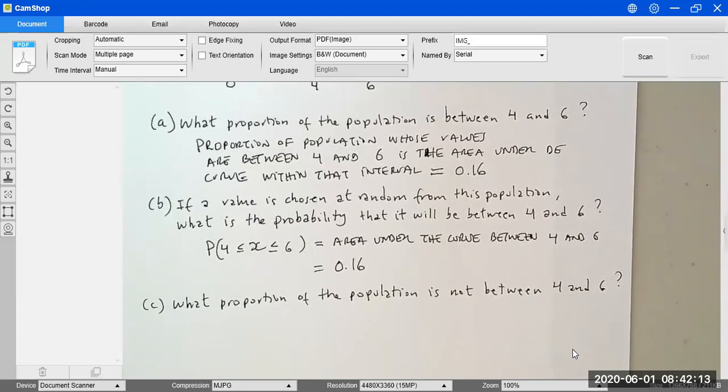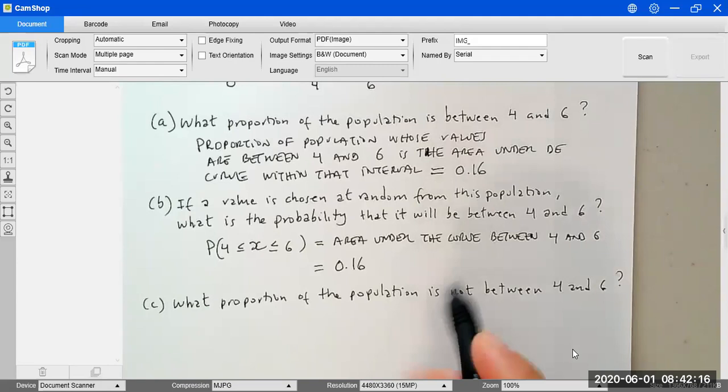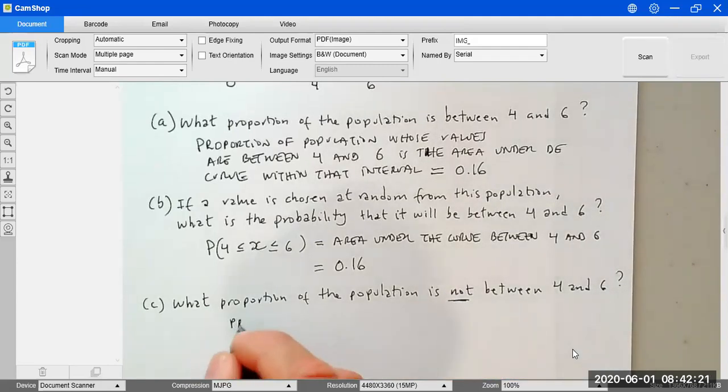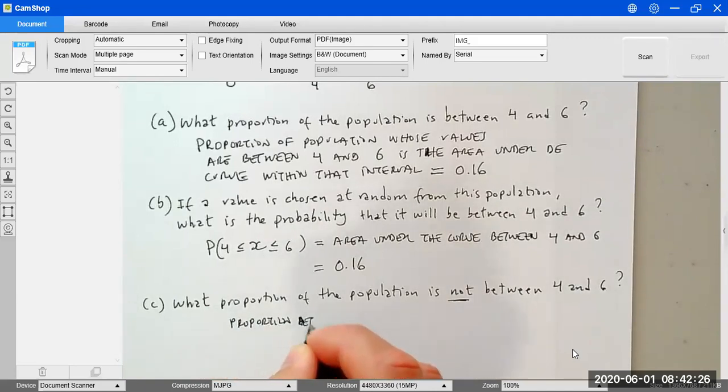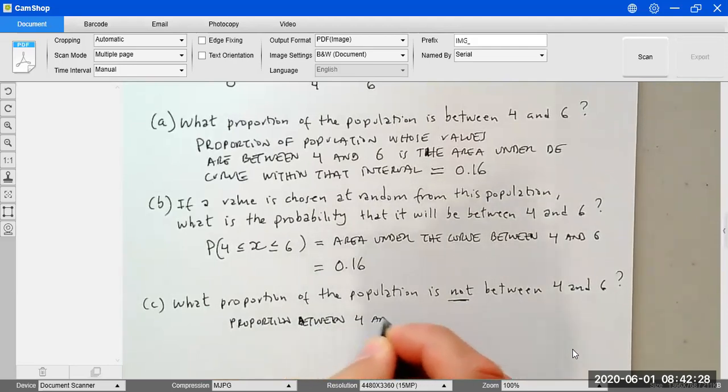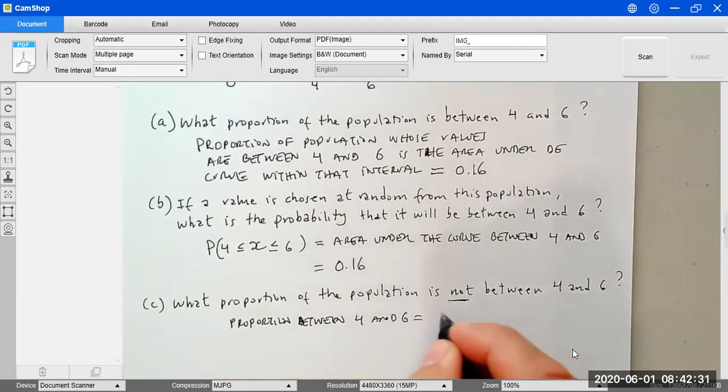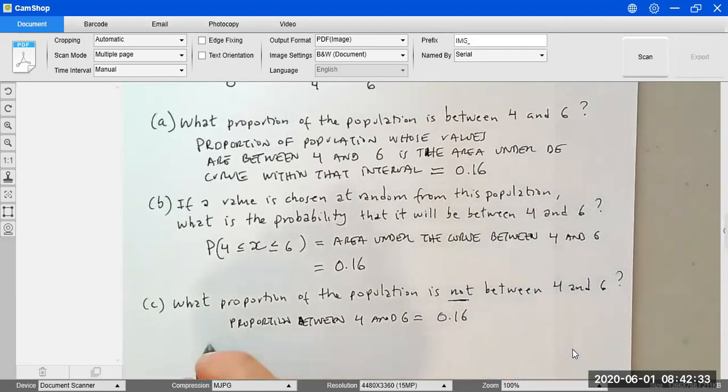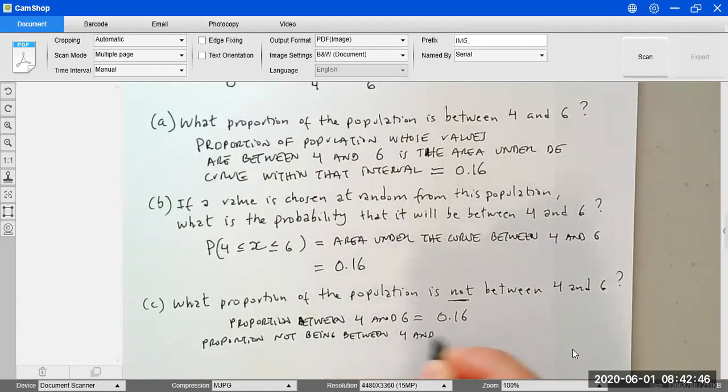So now the third problem. What proportion of the population is not between 4 and 6? So you know the proportion between 4 and 6 is 0.16. Then the proportion not being between 4 and 6 is going to be 1 minus 0.16.